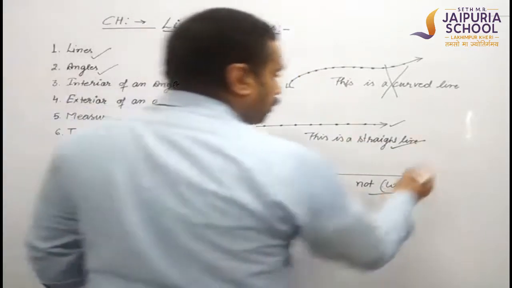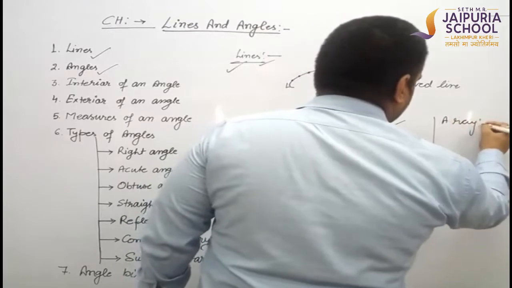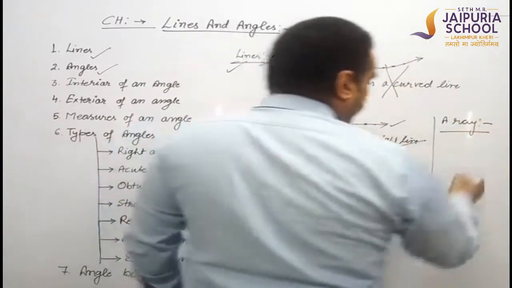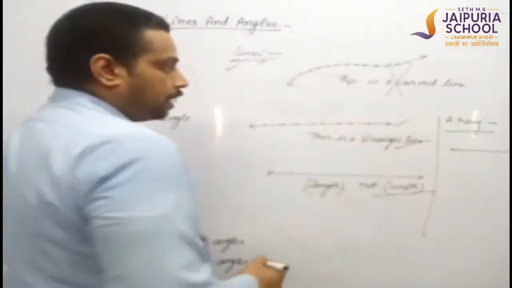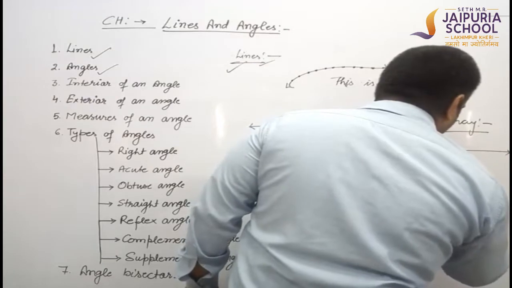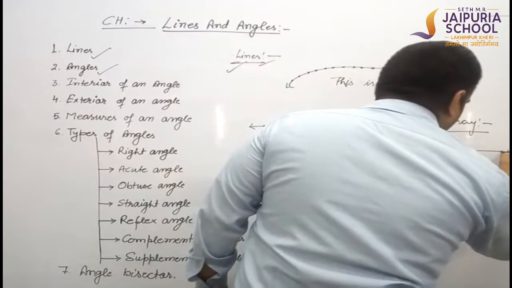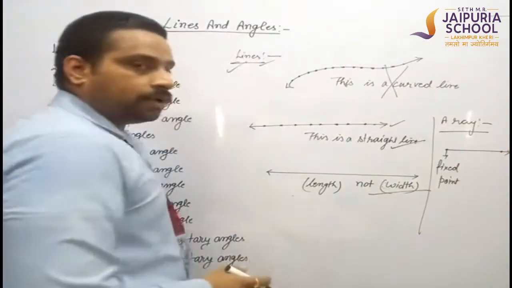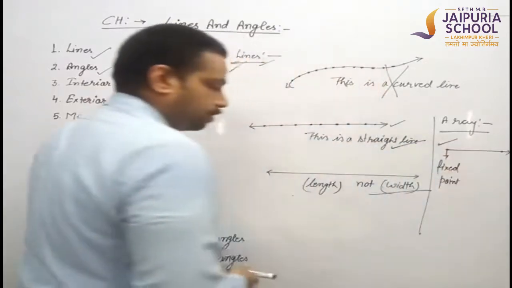So I'm going to explain a ray. When a line has one fixed point, and the other point is extendable in one direction, then this is called a ray.